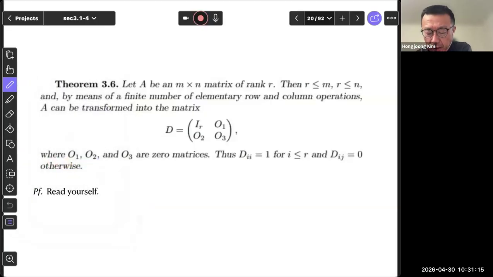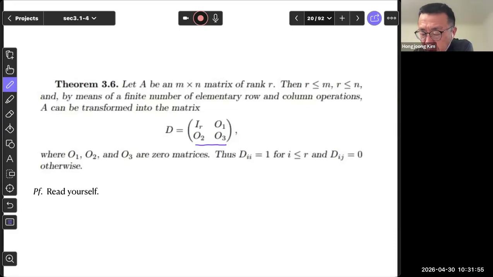Suppose that I have any m by n matrix A. Then by means of some elementary row operations and some column operations, the matrix A can be transformed into a matrix of this form, where I sub r denotes an r by r identity matrix and O1, O2, O3 are all zero matrices.